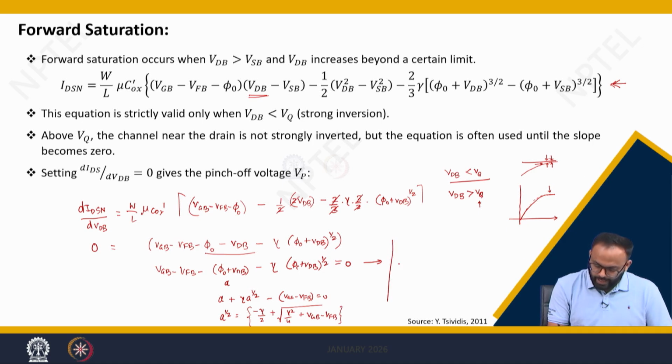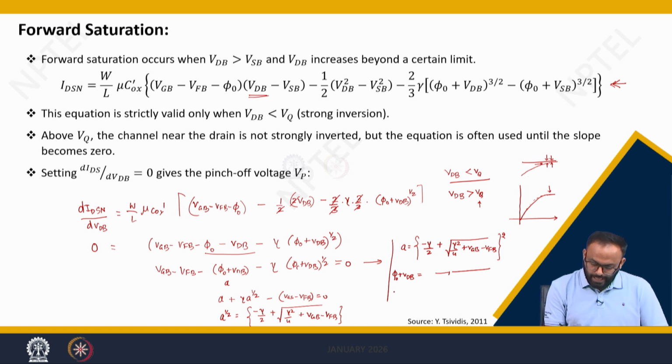So A will be minus gamma divided by 2 plus square root of gamma square by 4 plus VGB minus VFB, whole square, and now A is nothing but what? Phi naught plus VDB equals this quantity.